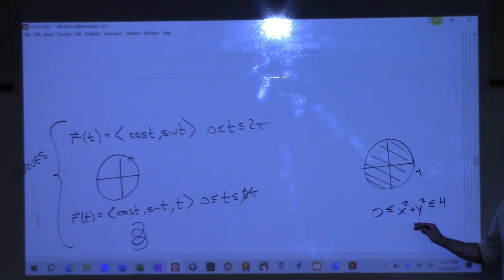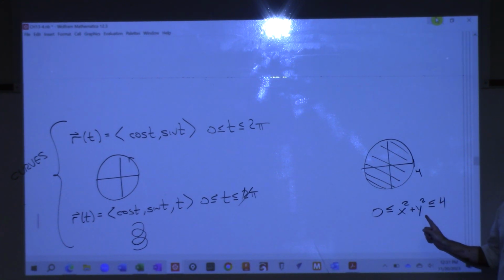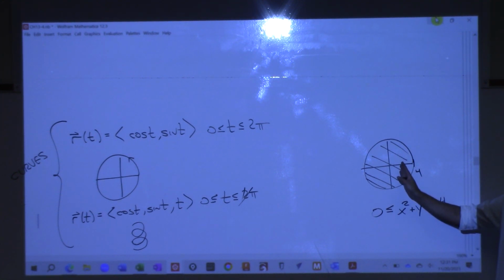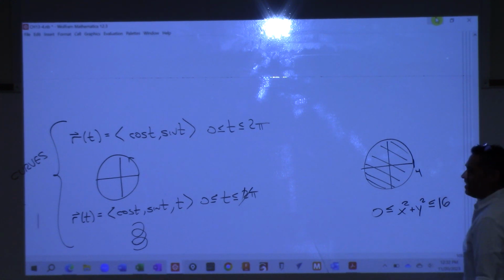This is a set of inequalities that represents that disk. It tells you all the x's and y's that satisfy this live in here. It's basically all the circles with a radius between 0 and, wait, hold on. 2. No, this should be 16. I apologize. That's my radius is 4. I'm getting a lot of them today.